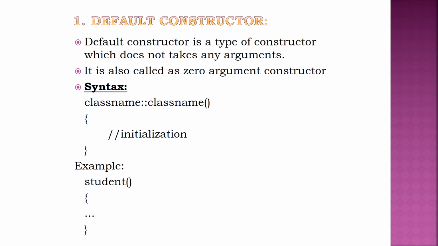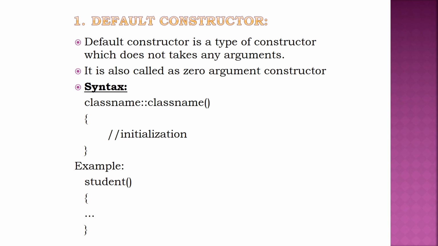This constructor, which is created by the compiler when there is no user defined constructor and which does not take any parameter, is called a default constructor. A default constructor is a type of constructor which does not take any argument. It is also called a zero argument constructor.